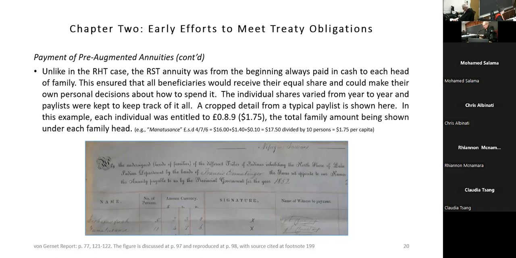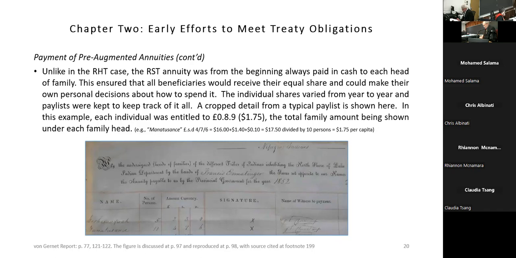And when you look at it and do the math, which I did for you on this slide, you'll see that each individual here is entitled to $1.75, which is the conversion from 8 shillings and 9 pence. And the way I arrived at that is through the calculation that I gave.